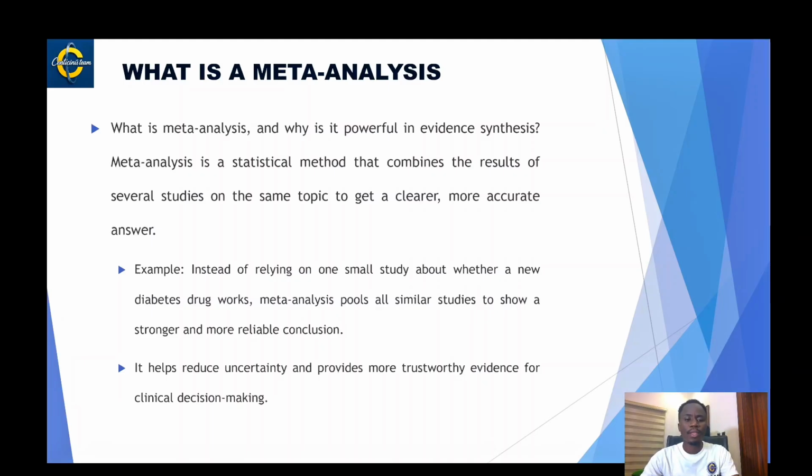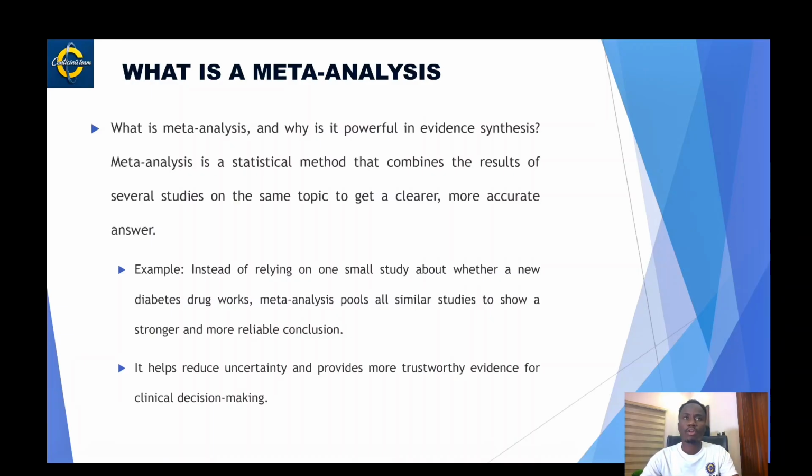And now, what is the root meaning of the word meta-analysis? We're trying to combine the results of several studies on the same topic, okay? To get a clearer picture of what we intend to do. Now, you could be working with the research question of what's the effectiveness of a certain drug, or maybe the prevalence of a certain health condition.